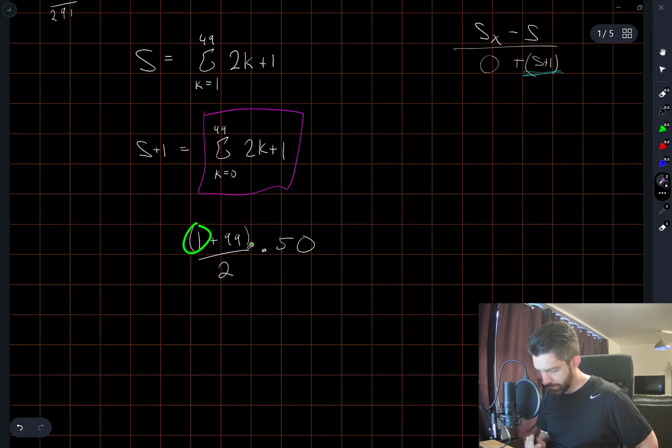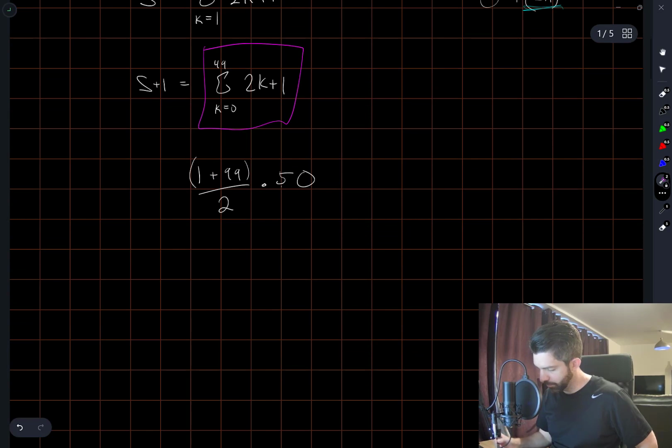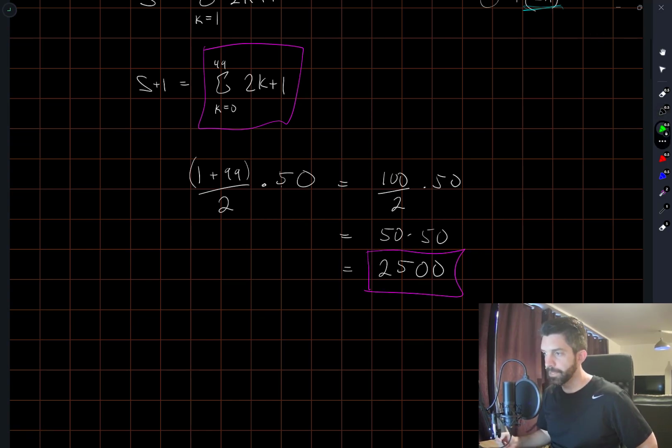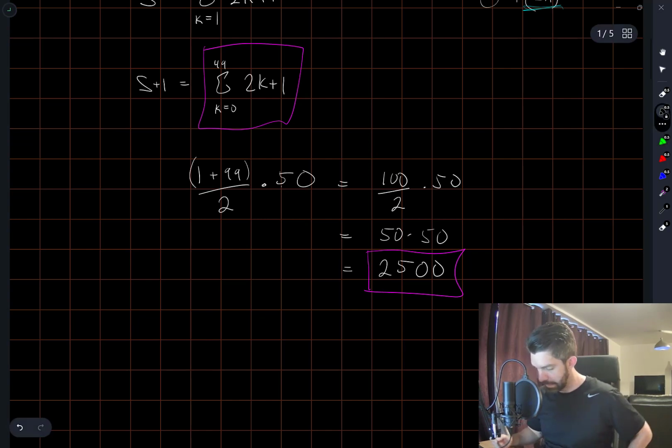The first one is a 1, the last one's a 99, so on average all the terms are 100 divided by 2, and we multiply by 50. So that's 50 times 50, which is 2,500, which is one of the options. That's option B. Yeah, and that's the answer.